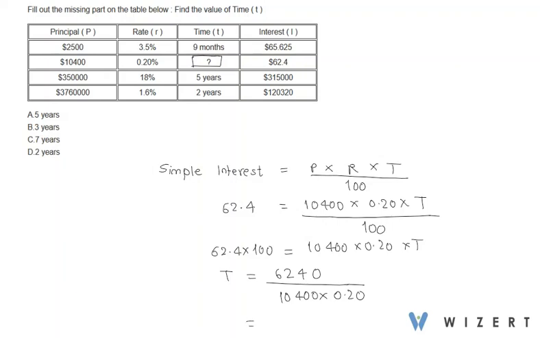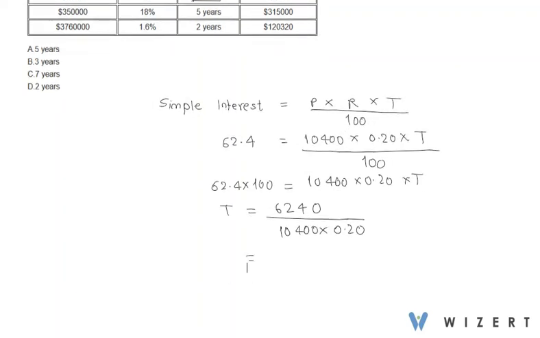Again I will get rid of these two zeros by multiplying 0.20 by 100. So that will be 6240 divided by 104 into 20. So these zeros will get cancelled out.